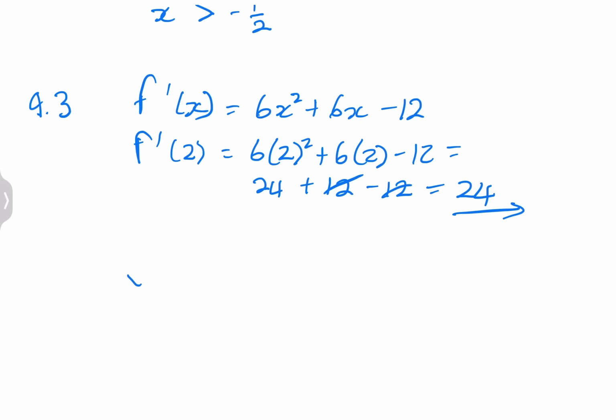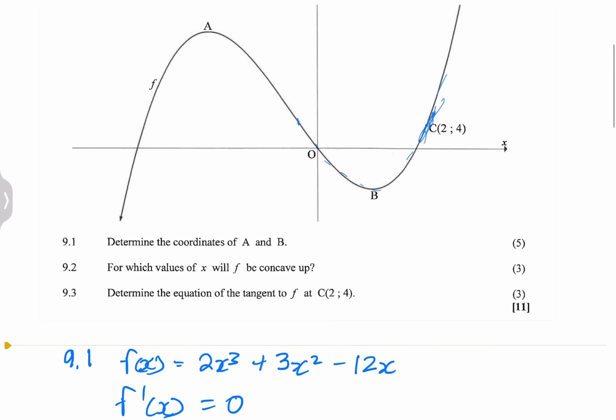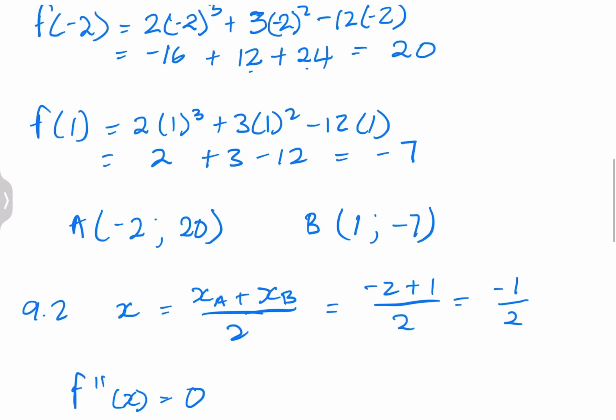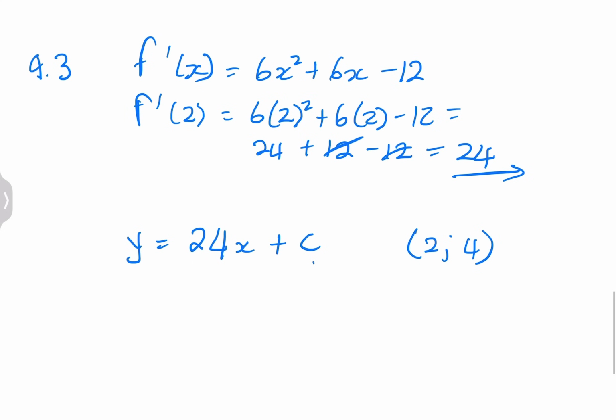So our line will be y is equal to 24x plus c. We are looking for the equation of the tangent. Where am I going to find the c value? I'm going to substitute the point 2 and 4, which is c in this case, into the straight line formula.